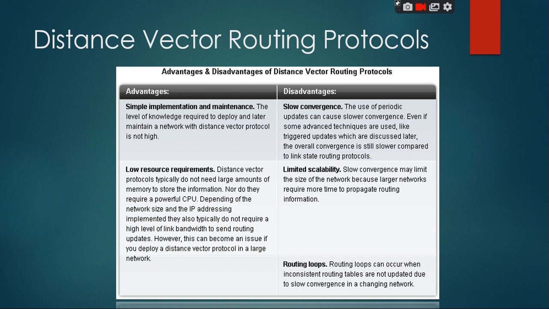Disadvantages: they are a bit slow, so they take a long time to converge, that means to learn about each other, and they are pretty much used in small scale networks. Scalability will be a problem. But the biggest problem of all, they are prone to something called routing loops. A routing loop means the packets are rotating, looping within a certain network without getting dropped.